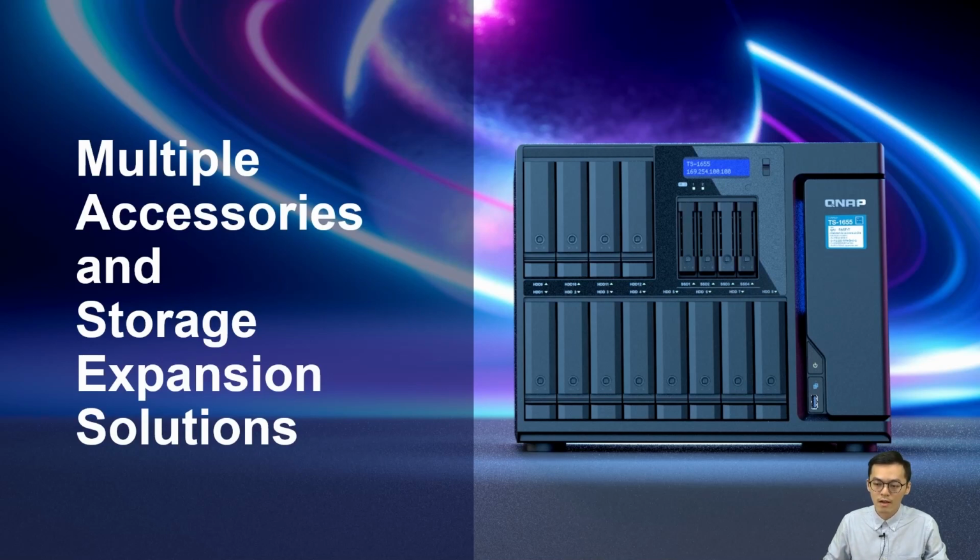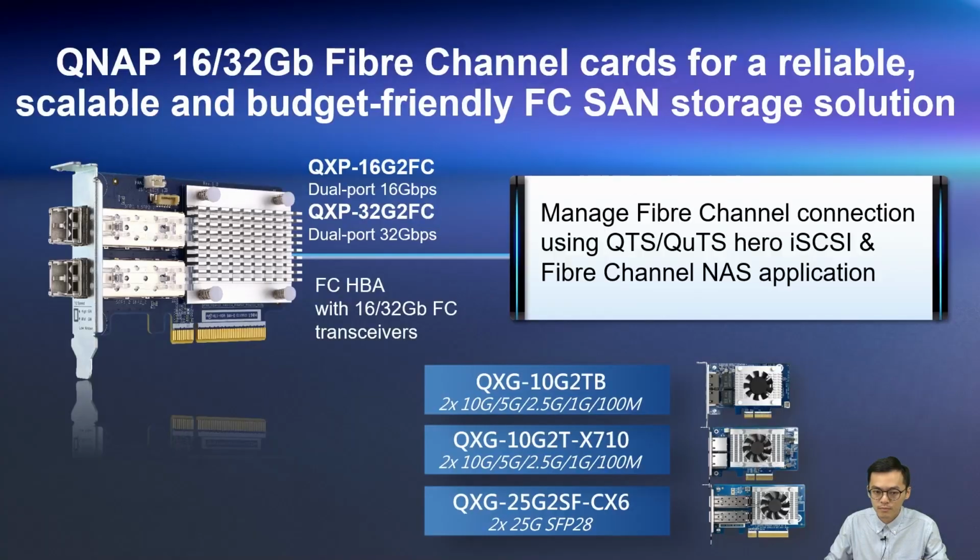And next, we have multiple accessories and storage expansion solutions for you. You can see that there are a variety of accessories that allow you to expand the FC interface and upgrade the network speed.